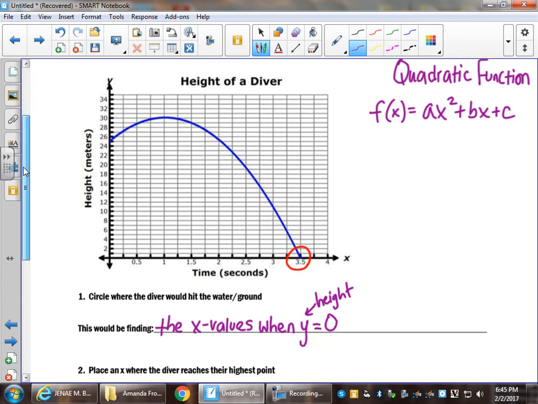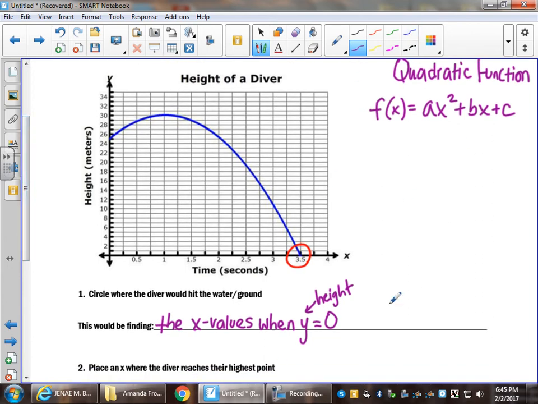So in this situation, if we're setting y equal to 0, that would look like 0 equals whatever that function is. So if we ever see in a question, when does the diver hit the water, or when does something, like a rocket, hit the ground, we will always be setting that equation equal to 0.